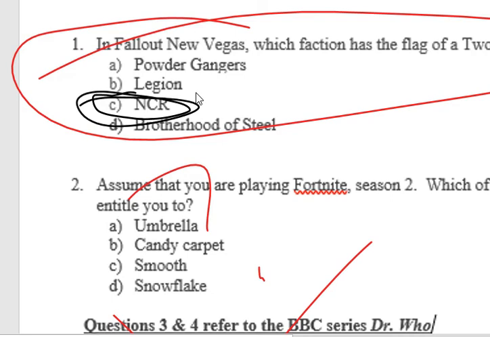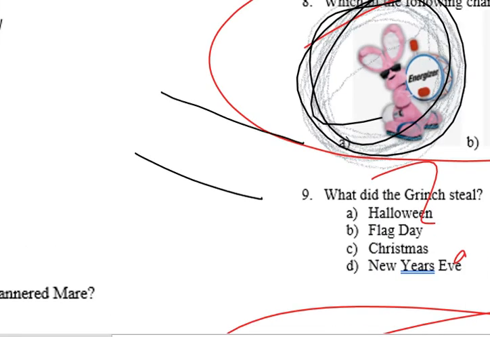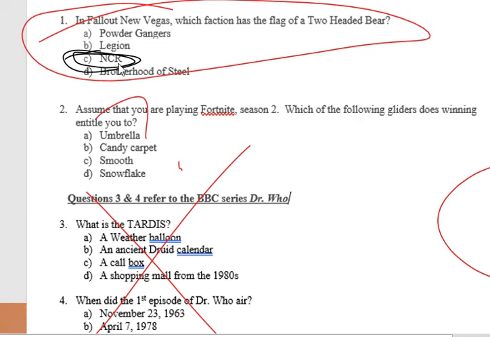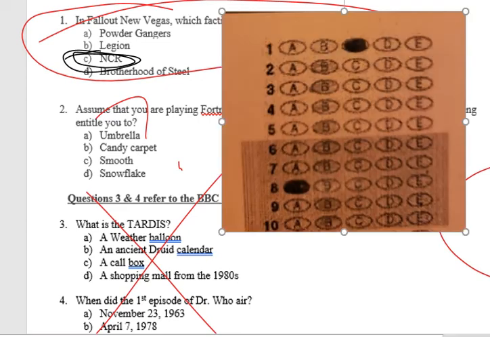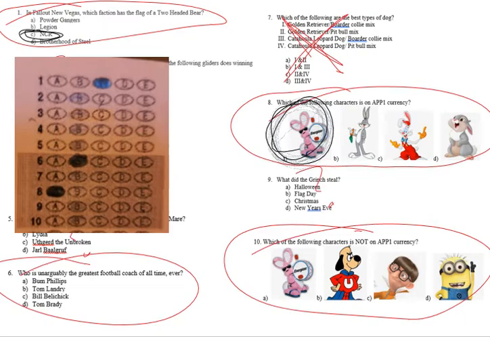Since I am so sure about this one, I went ahead and circled the NCR, and erased B thoroughly and blackened in C, to where it's obviously darkened in.